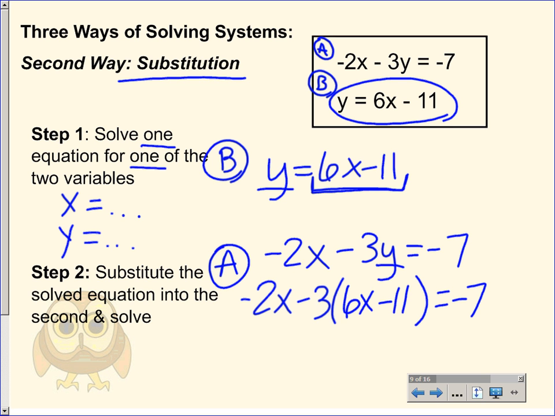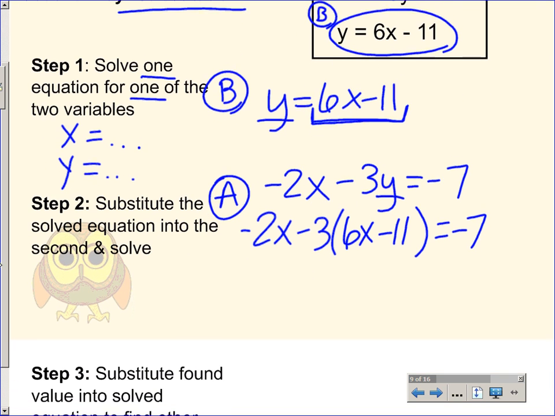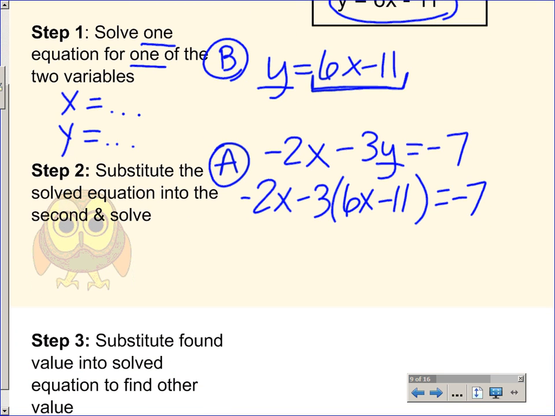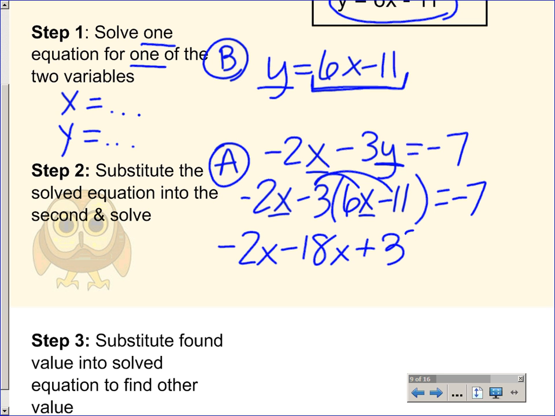Now that I have this, my equation A is all in terms of x. It started with x and y, but now I just have x. Now that it's only in one variable, I can solve for that one variable. So we're going to distribute that negative 3 and start solving for x.